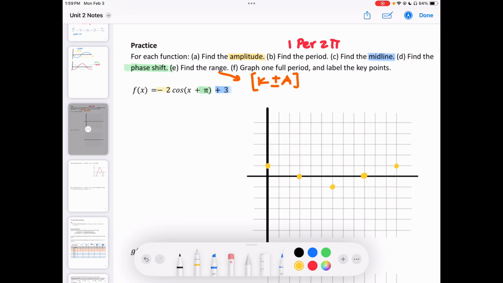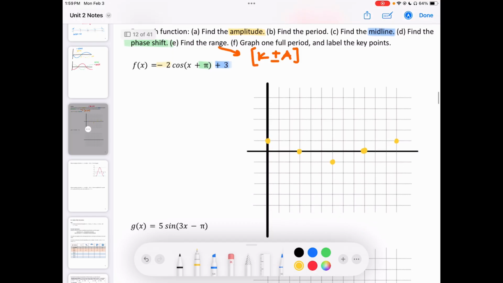Okay, that is my original. So it's not in the way, I'll label it up here: 0, pi over 2, pi, 3 pi over 2, and 2 pi. Okay, so that's what my horizontal axes are. That's what the cosine function is going to look like.